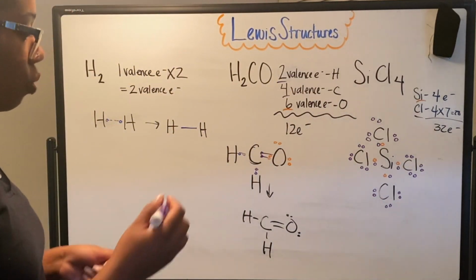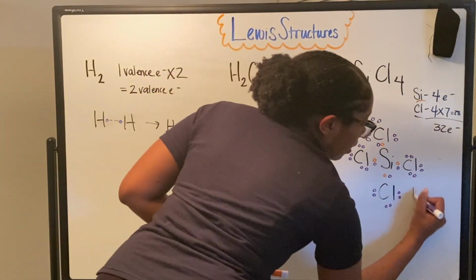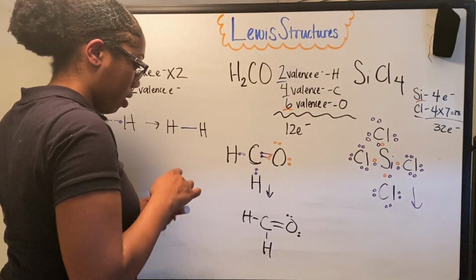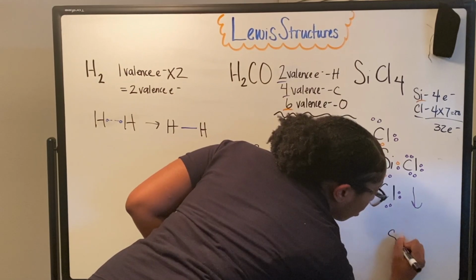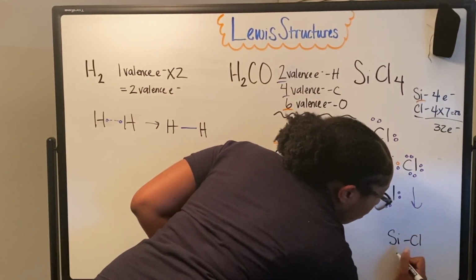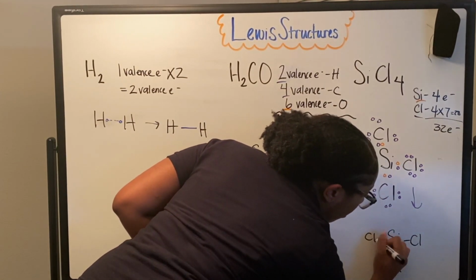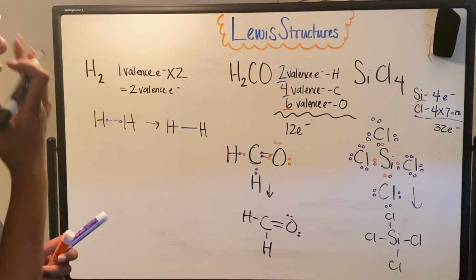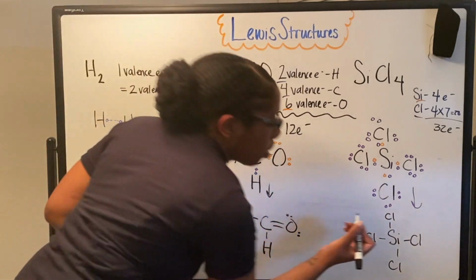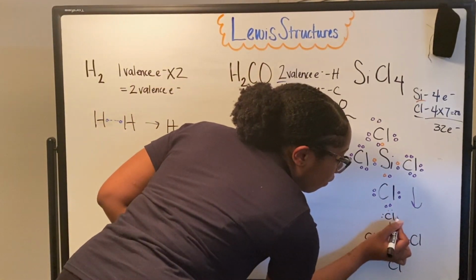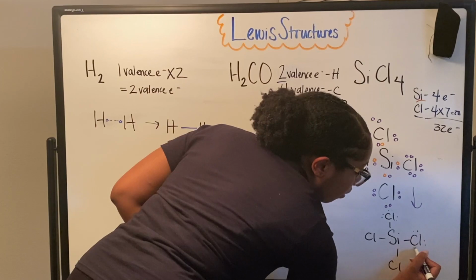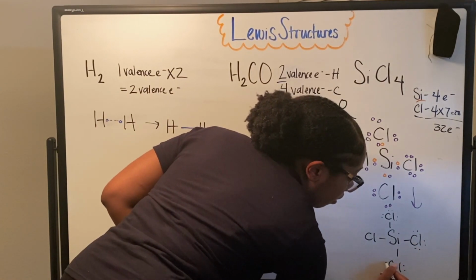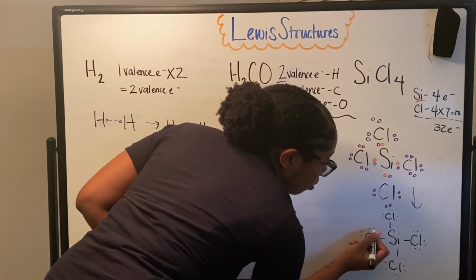All right, so pretty much what this looks like down here is Si with 4 Cl's coming off of it. All right, and if you want to make sure that this is correct, so we still have to draw the dots, because a Lewis dot structure must have the dots.